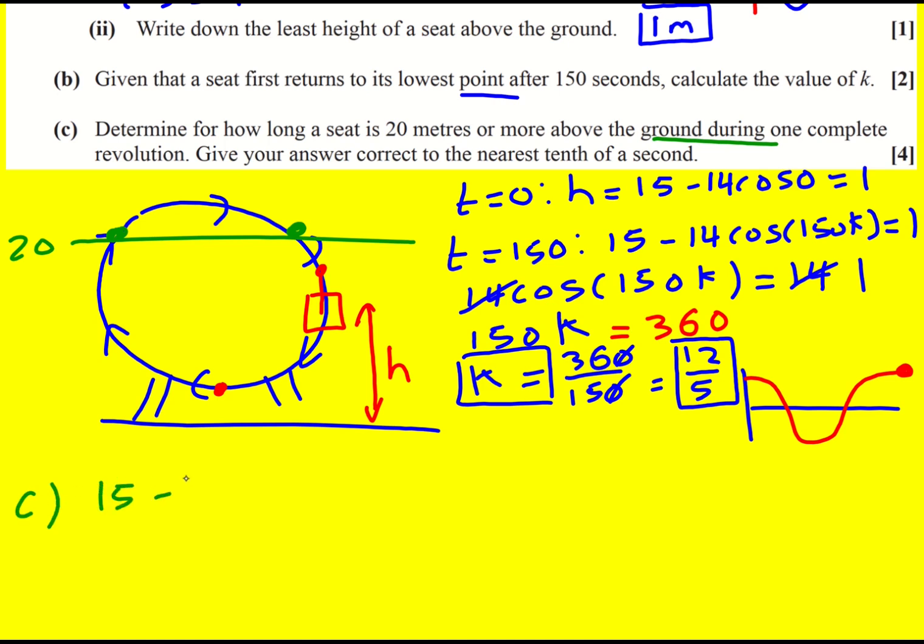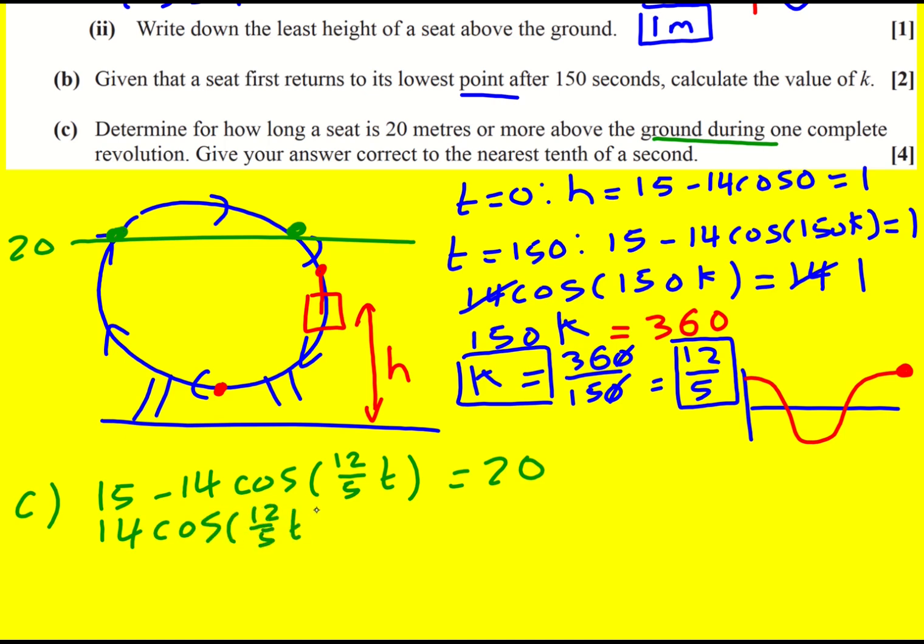So 15 minus 14 cos, we know it's 12 over 5, t is equal to 20. I can rearrange this. So 14 cos 12 over 5t is going to equal minus 5, because I've added the cos on and then minus the 20.